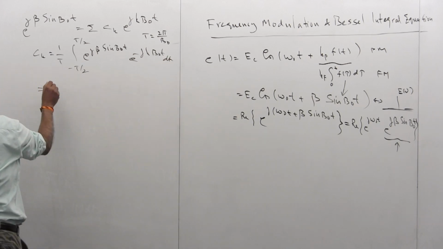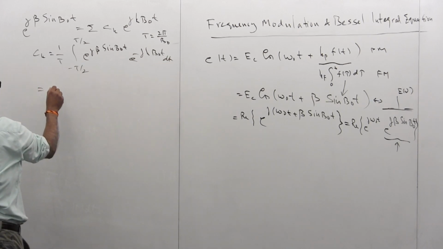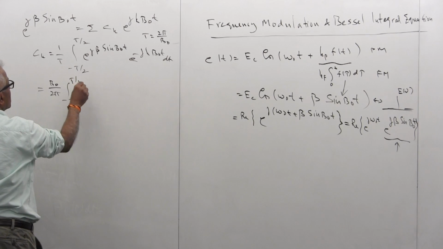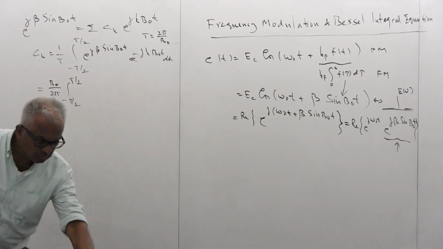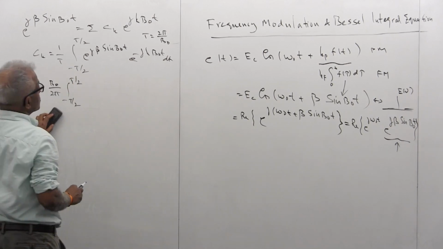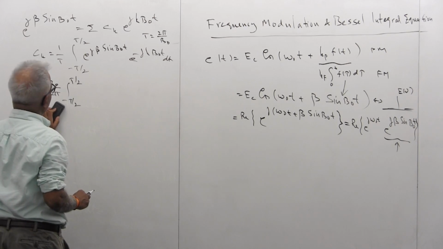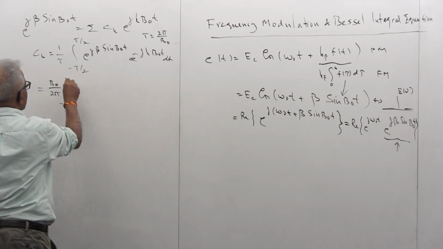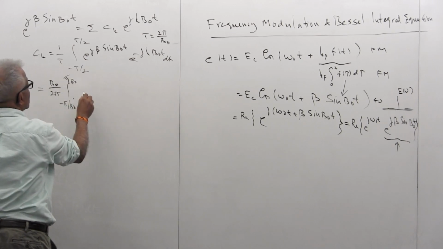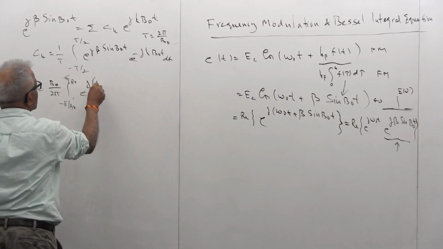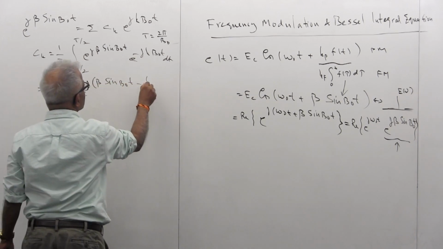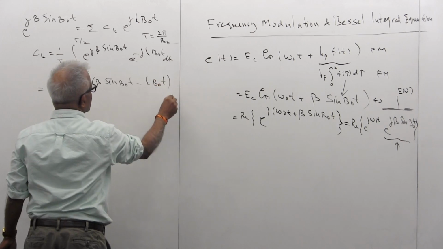If you put this together, this is b naught over 2 pi, integral from minus pi over b naught to pi over b naught, of e raised to j(beta sine b naught t minus k b naught t) dt.